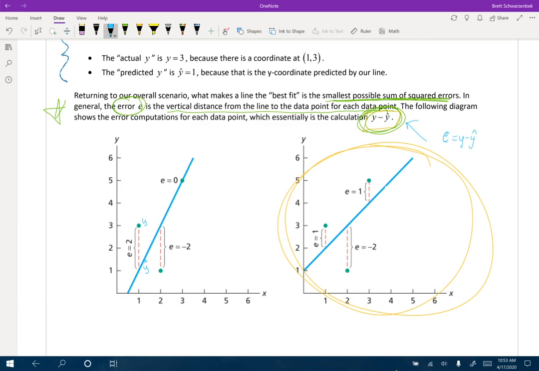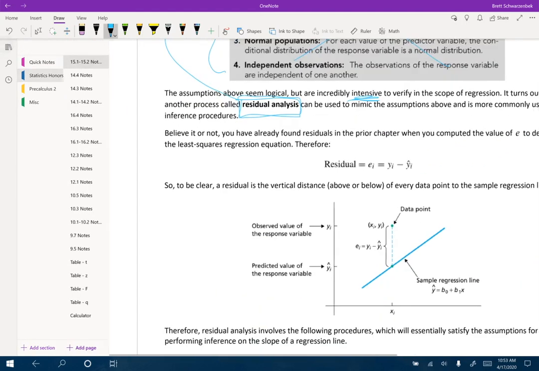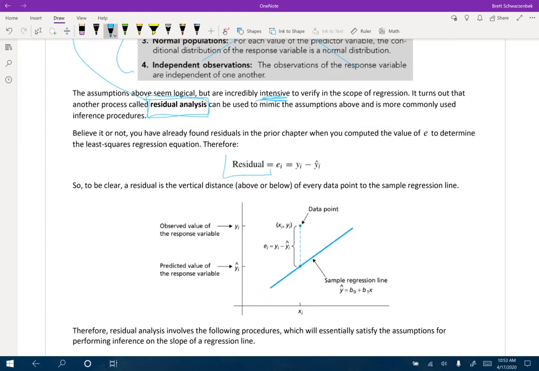At that point, you just used E. We never actually used it in finding anything. You're never going to usually have to do this in practice unless it's in a homework just for application. But E was essentially just the error about the line. Well, it turns out that E has a name. E is actually called a residual. So whenever you're dealing with a residual, it's always Y minus Y hat.